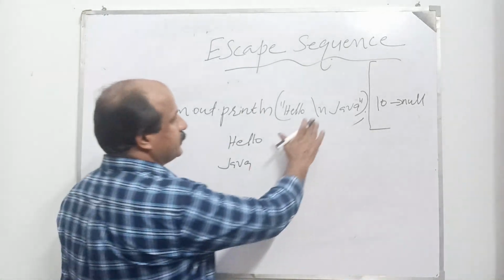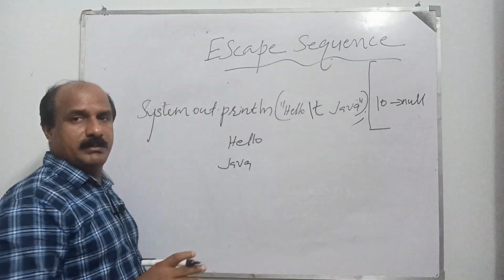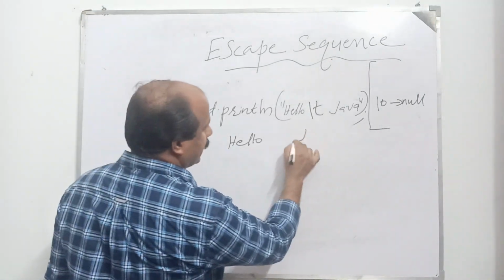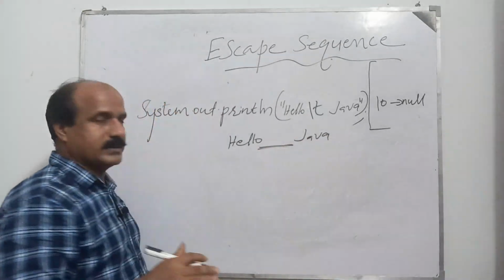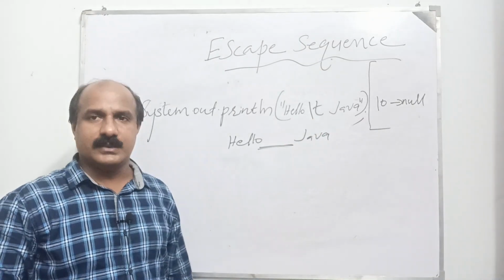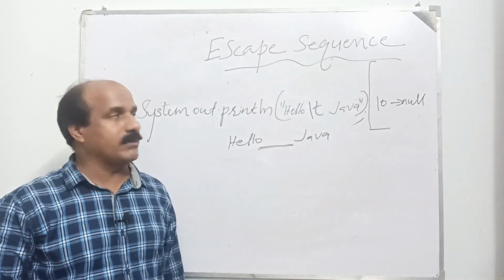Now instead of this, if you give \t, meaning horizontal tab, then after printing Hello, a fixed number of spaces will be given by Java. So these are the escape sequences of Java.